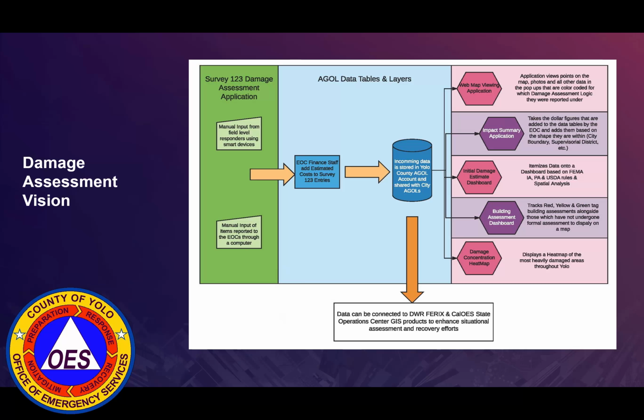The new damage assessment vision that we gave to ESRI under an Enterprise Advantage program contract was that we wanted to collect all the information at the field level, have it all in one uniform place that we can either share directly with our state partners like DWR, Cal OES, pretty much anybody helping us recover, or push that data out into separate viewing applications, impact summary applications, and dashboards, in order to share the specific pieces of the master data set that different people want to look at.